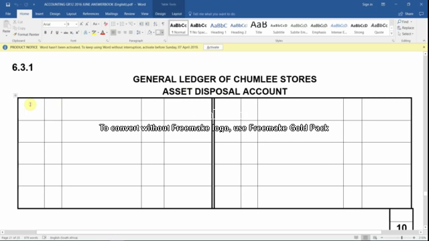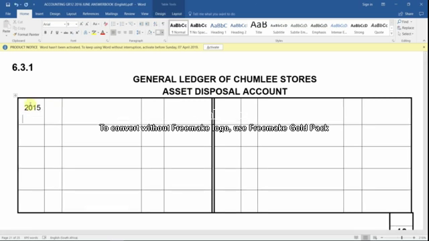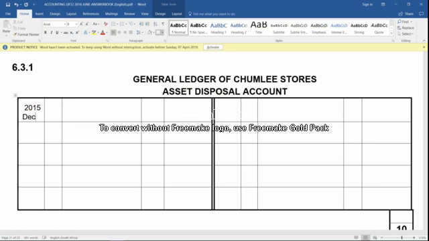So this is 2015 and it is December the 1st. The other account we know is the equipment account, and we calculated that the value is 93,000, but let's just show our calculation.